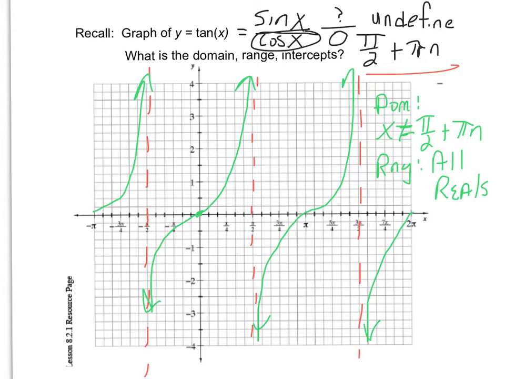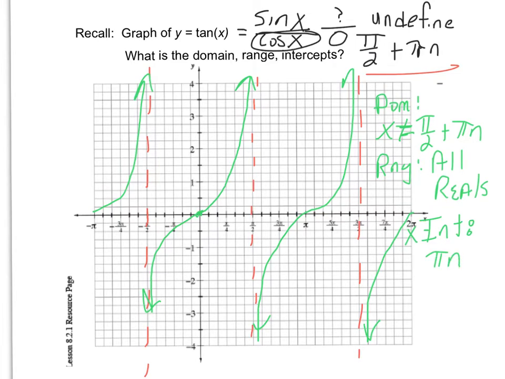And our x-intercepts, well, it looks like it's crossing at 0, pi. Oh, those are the x-intercepts for the sine function. So it's going to be pi n.